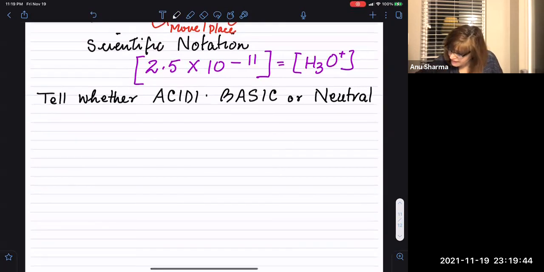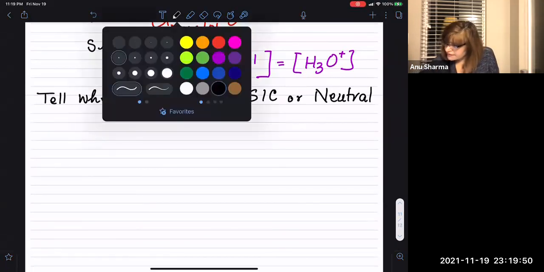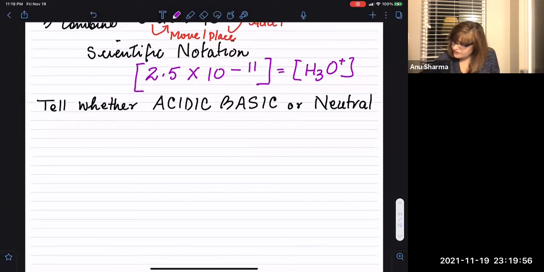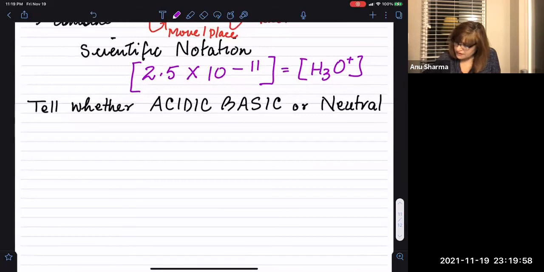So, remember, if it is neutral, then it would be 10 to the power negative 7.